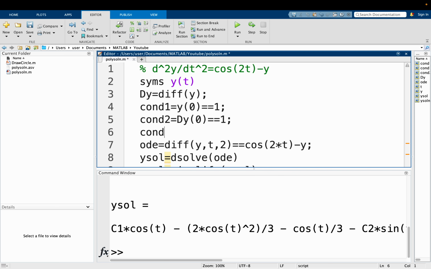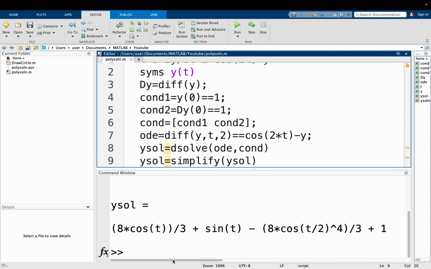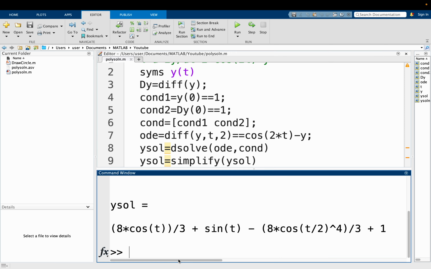So my condition will be in vector form now. I will have condition 1 and then condition 2. All I need to do is to come here and put in my condition. I can then run to see. As you can see, I have my values for C1 and C2 here without any unknown constant, and that is my solution for the second ordinary differential equation.